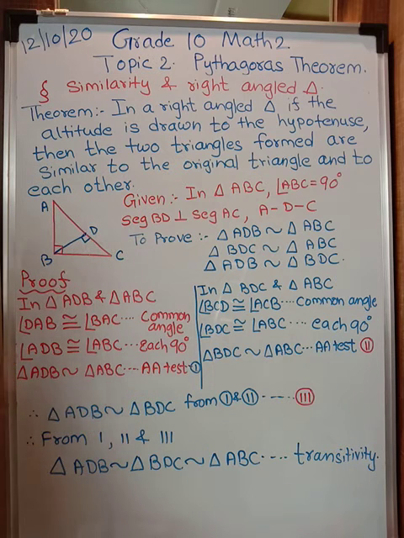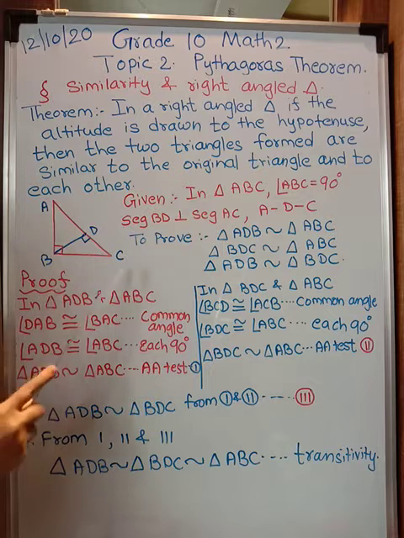Alright, if this is the condition, then you get three triangles. This is the first triangle ABD, the second triangle DBC, and the third triangle is the original triangle, that is triangle ABC. So you have three triangles, 1, 2 and this bigger one.